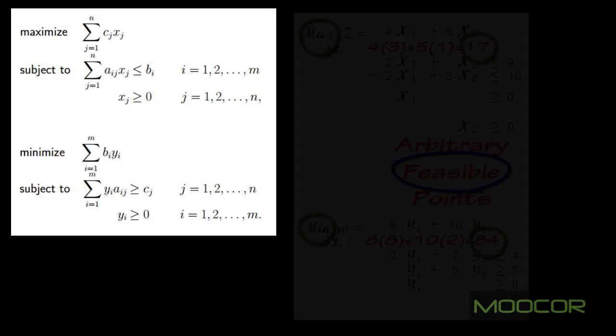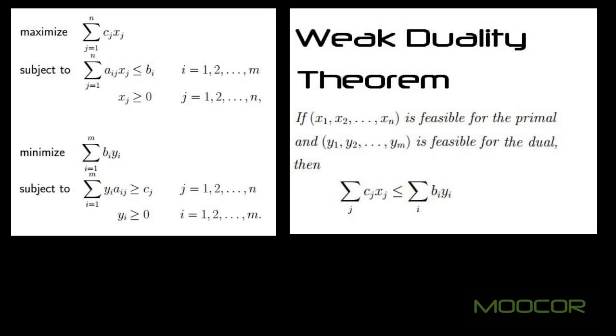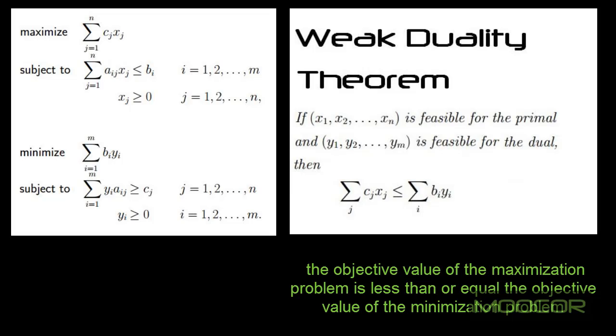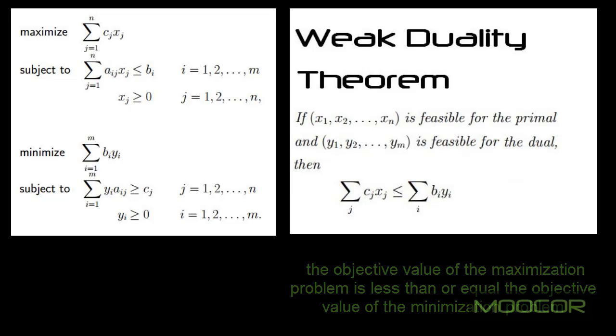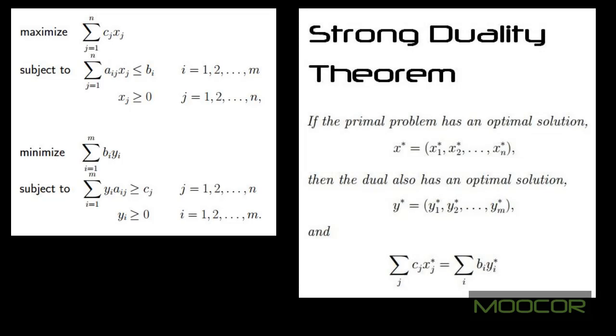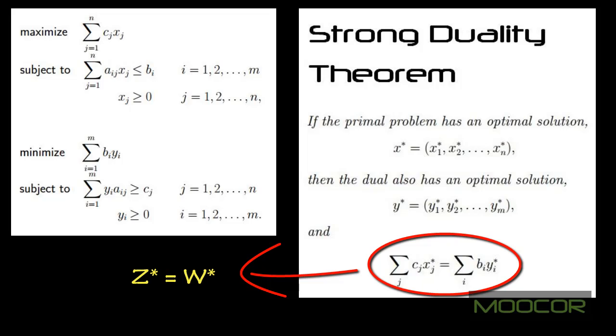My preference for stating this is that we always say the objective value of the maximization problem is less than or equal to the objective value of the minimization problem. Another theorem that we are going to be looking at is the strong duality theorem. It simply states that if the primal has an optimal solution, then the dual will have an optimal solution and they are equal.